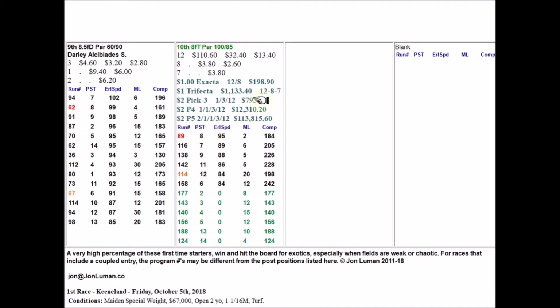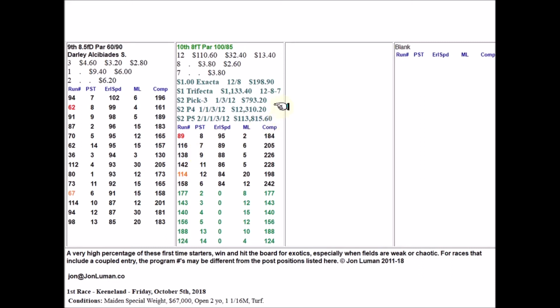And never mind the $1 exacta of 198.90 for this key simple exacta, or that the number 7 at 116 run rating you might pretty well add in for your pick 3, pick 4, pick 5 also. You'd want to put all 3 of those in there for that.